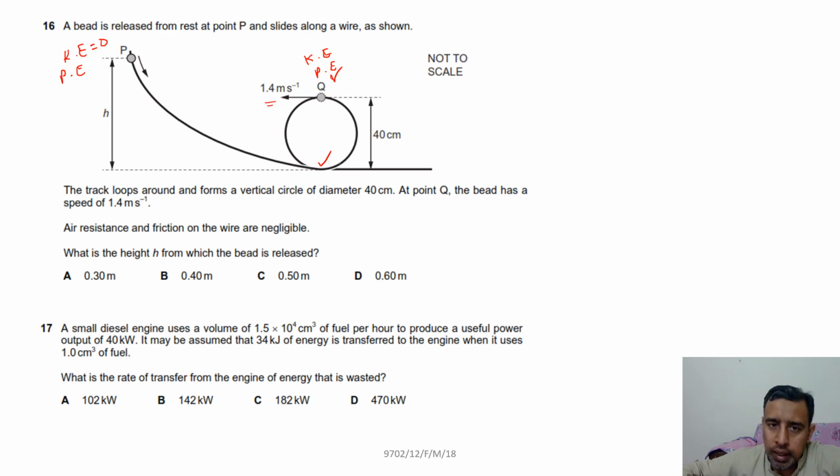So at top we have this potential energy, that is mgh, and the kinetic energy is 0 at point P. But at point Q it has kinetic energy which is equal to half mv square plus its potential energy is mgh, and h is 40 into 10 raised to minus 2 meters.